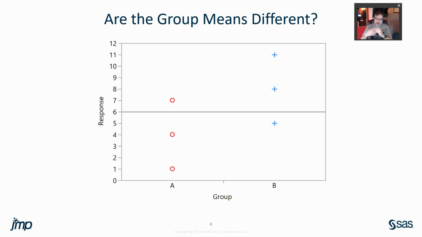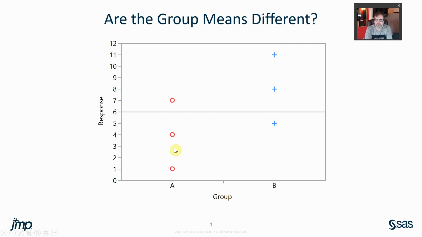Overall, the six observations, 1, 4, 7, 5, 8 and 11, add up to 36, and if you divide that by 6, you get 6. So there's the mean of the overall group. That's a baseline by which we measure the strength of our model.